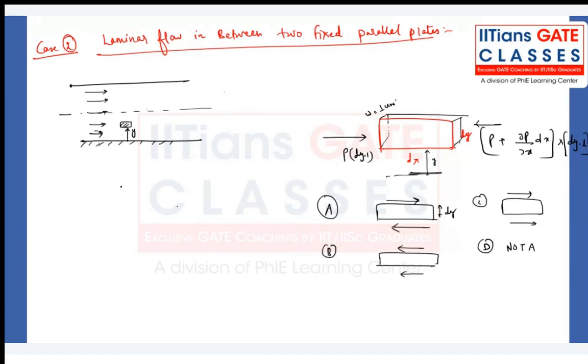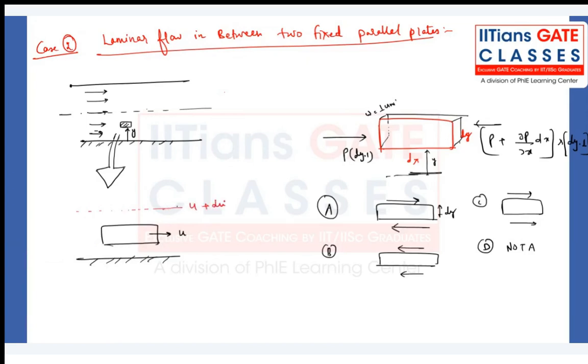See guys, when I draw the full view of that, try understanding very carefully. Here I have taken the fluid layer. This fluid layer is moving with some velocity u, and here we have the plate. Above that, the fluid layer is moving with some higher velocity, u plus du. Is this the condition?